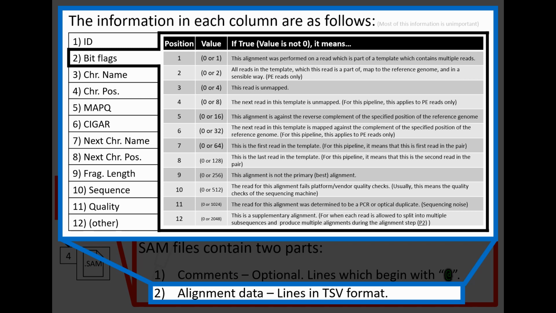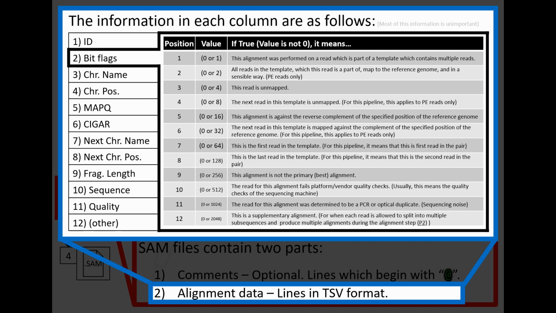The fourth flag indicates that the next read in this template is unmapped. The fifth flag indicates that this alignment is against the reverse complement of the specified position in the reference genome. The sixth flag indicates that the next read in this template is mapped against the complement of the specified position in the reference genome.